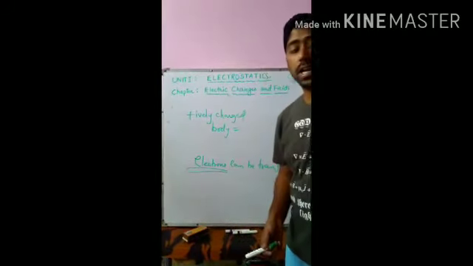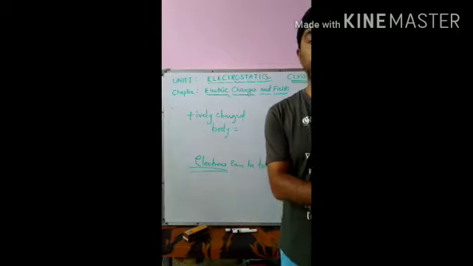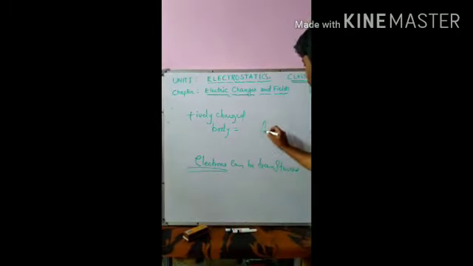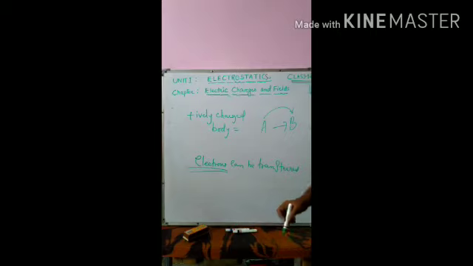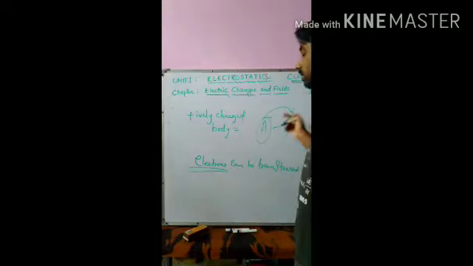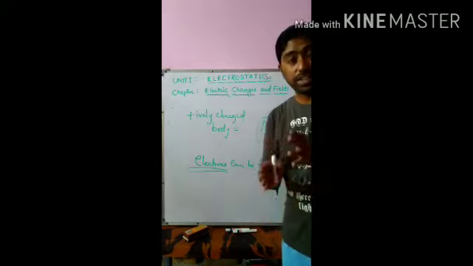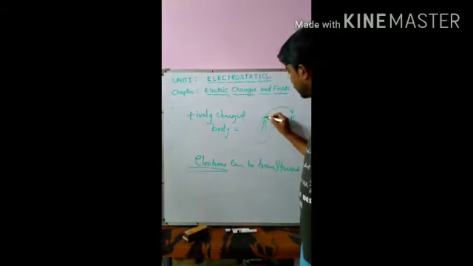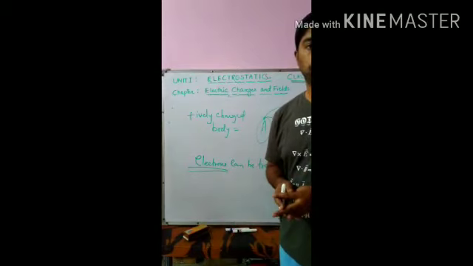Now, when you transfer an electron from, say, one particular substance A to another particular substance B, some electrons are moved from here to here. Within this particular substance, there is a positive nucleus core. Since you are transferring electrons from this side to this side, you are disturbing the balance between the positive nucleus and the extranuclear electrons.